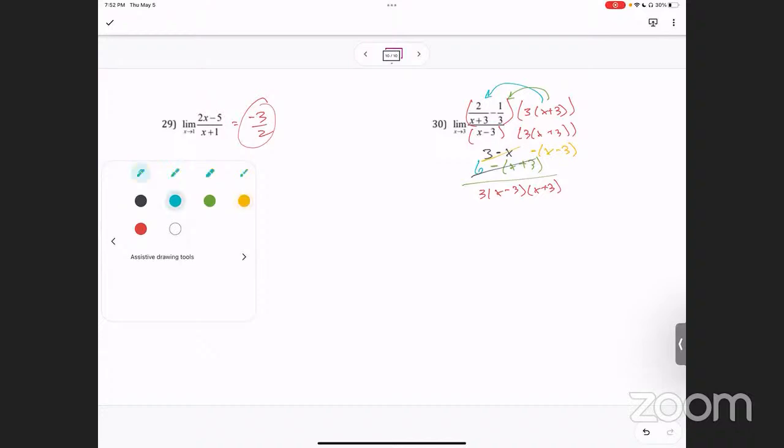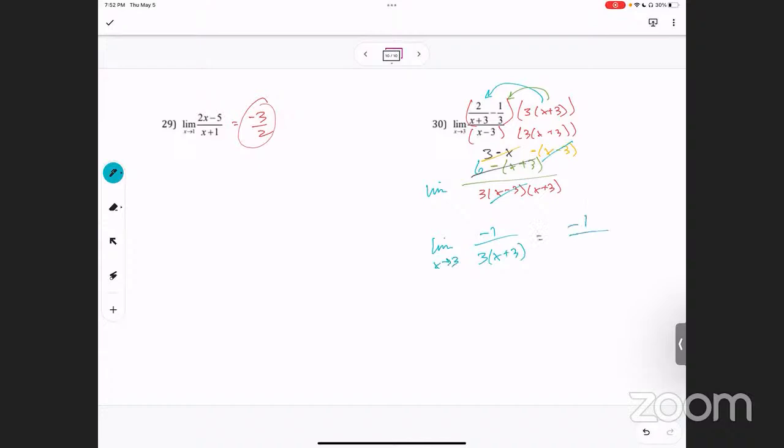All right. And then the x minus 3s are going to cancel. Good. So you're going to be left with -1 over 3 times x plus 3. So it's going to be 3 times 6, which is 18. So it's going to be -1/18. Good.